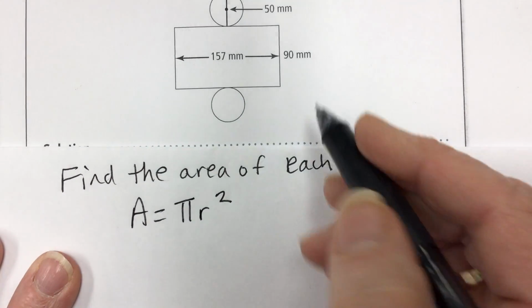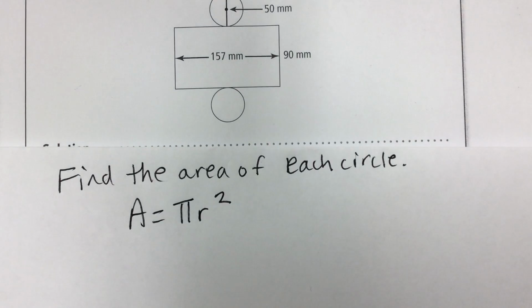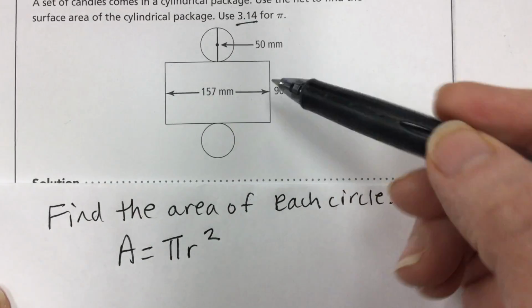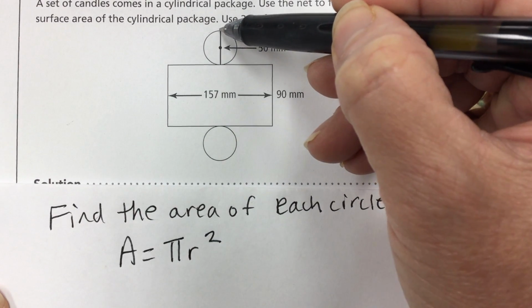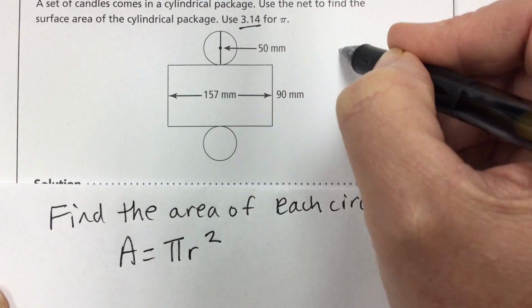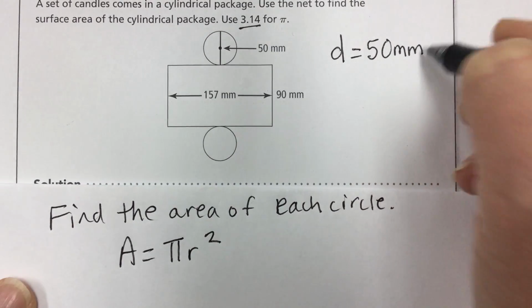We will use 3.14 as pi. And what is r? Well, when I look at my circle, I see the distance from one point of the circle through the center to the opposite side of the circle. That is your diameter. Your diameter is 50 millimeters.